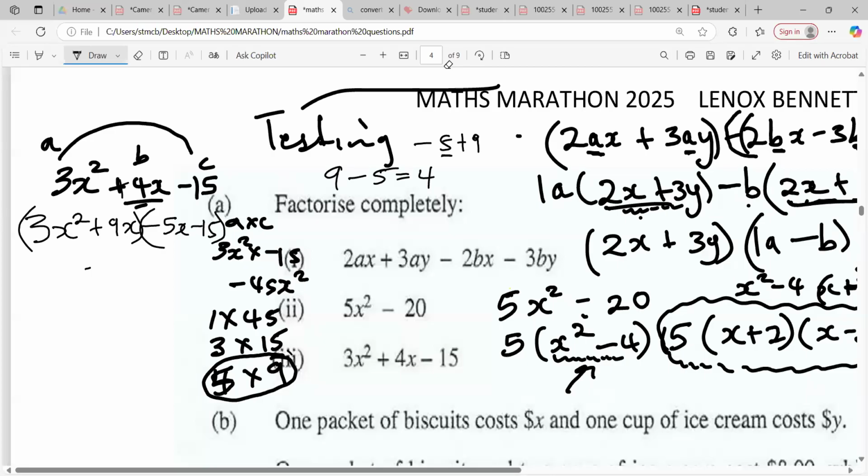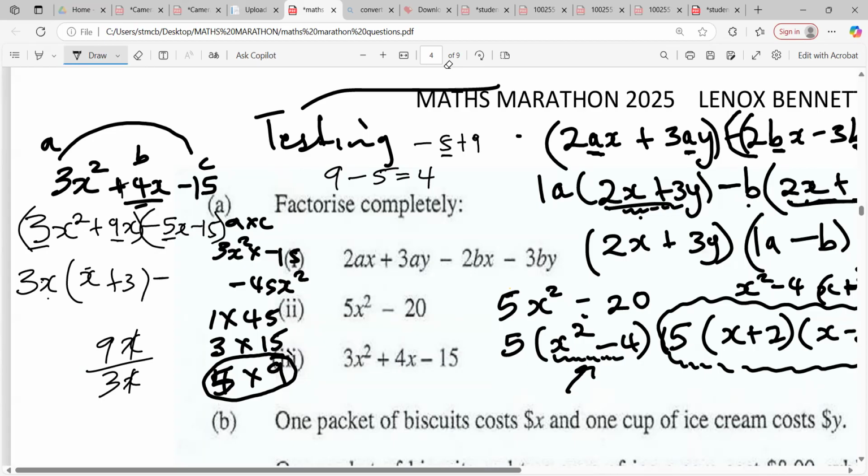So we take out the highest common factor. What's the highest number that can go into 3 and 9? That would be 3, right? X is also common, so we take out the x. 3x into 3x squared leaves x. 9x divided by 3x, x cancels x, that leaves 3. Put your minus.